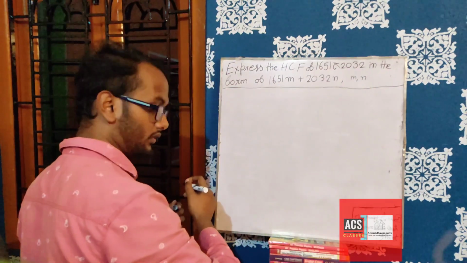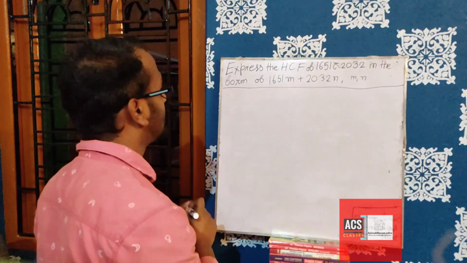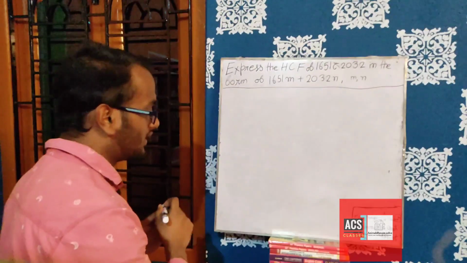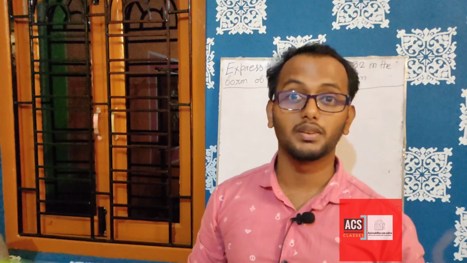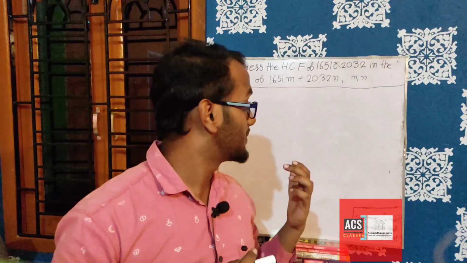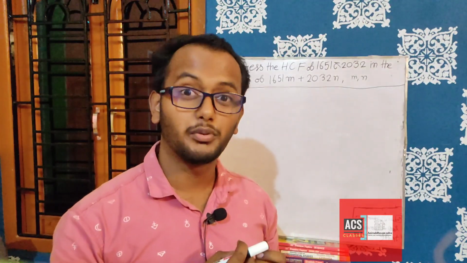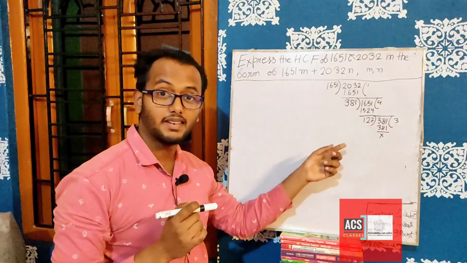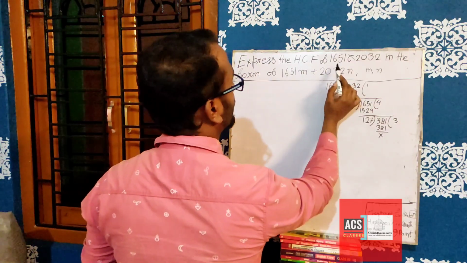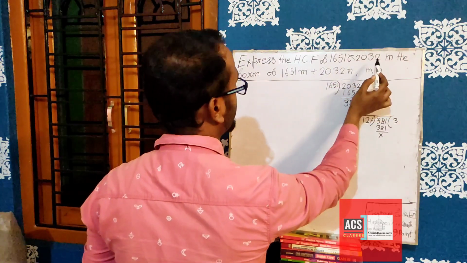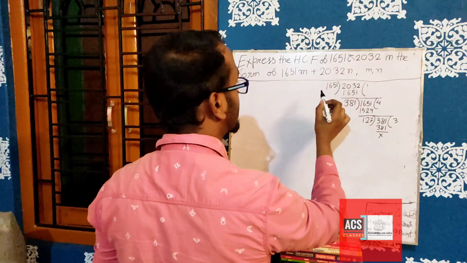So we'll do this one by the successive division method, and I have already given a lecture on the successive division method. You can watch that one, and let me do the successive division method to reduce the duration of the lecture. So here I have done the successive division method. Out of 1651 and 2032, 2032 is greater than 1651.